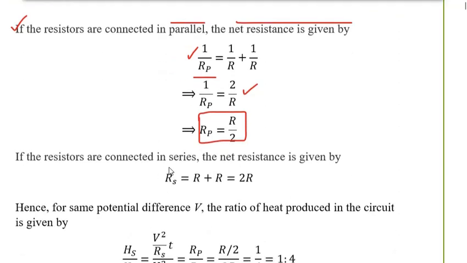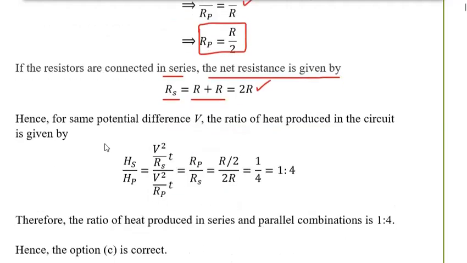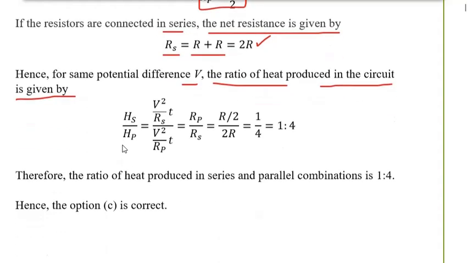If the resistors are connected in series, the net resistance is given by, we know that, equivalent resistance equal to R plus R equal to 2R. Hence, for the same potential difference V, the ratio of heat produced in the circuit is given by heat produced in series to heat produced in parallel.